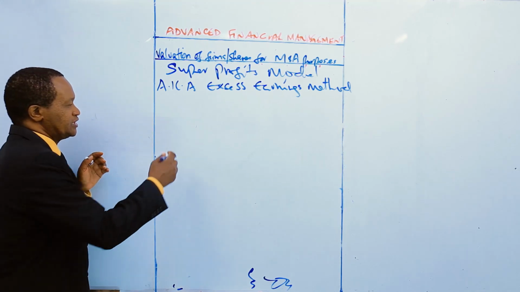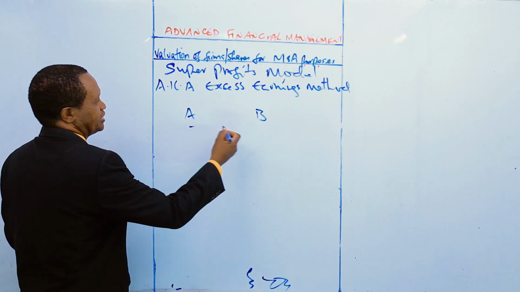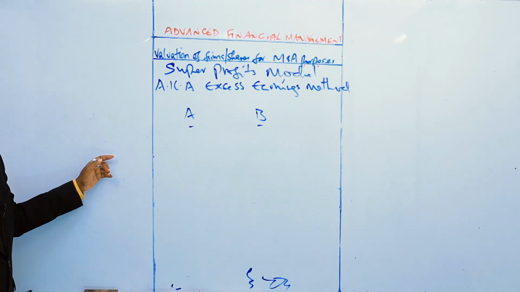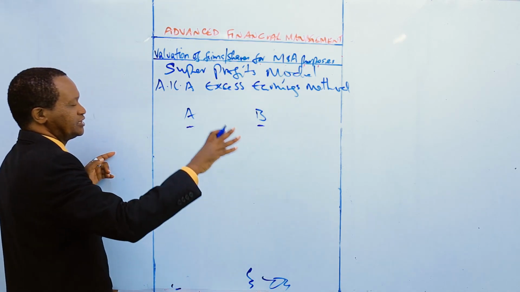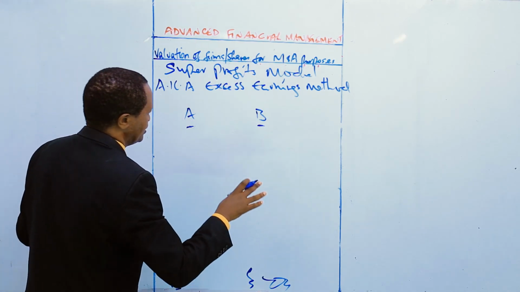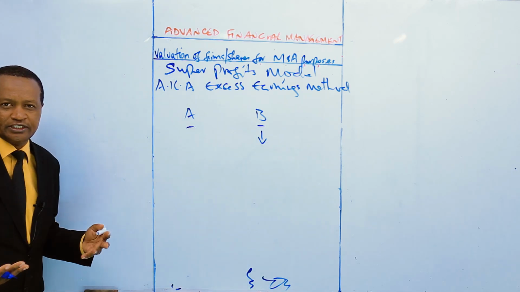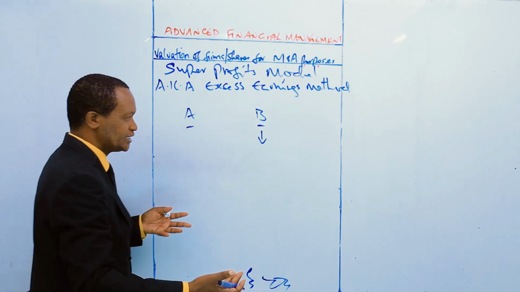So if you have two businesses, A and B, and these businesses have similar assets, they operate in the same industry, but company B earns more profits, then that can be attributed to intangible assets like brand reputation.